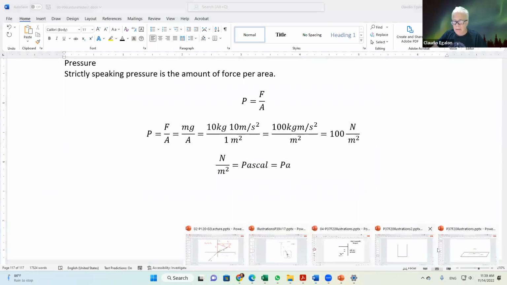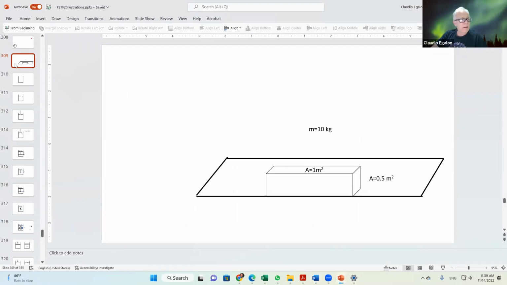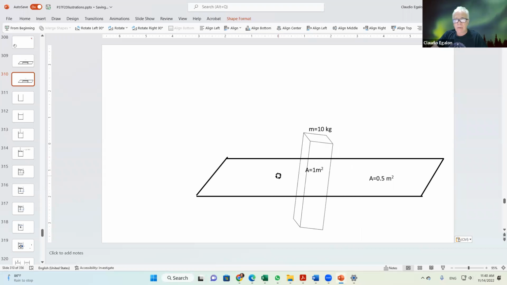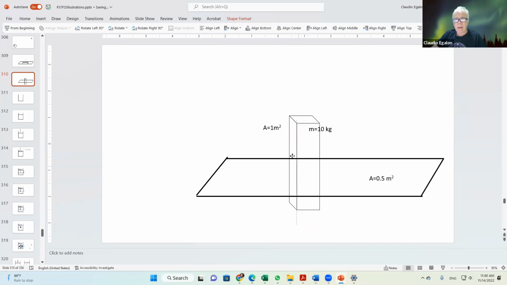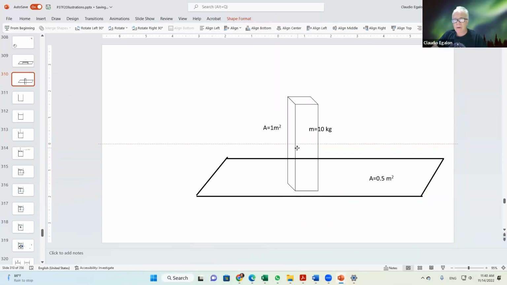But this pressure is not the same for every orientation of your block. Okay, if your block were to be oriented in a different way, like this way, in this case the area is going to be less, right? What would happen to the pressure? The 1 square meter area is this one here.